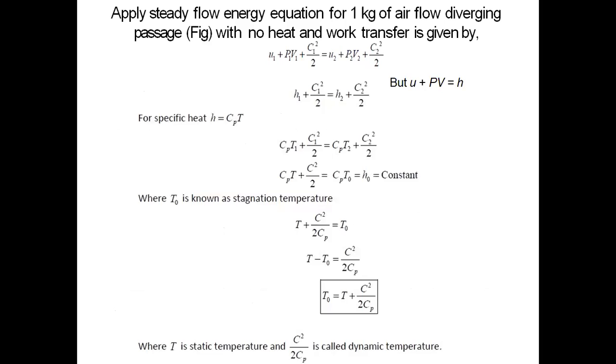The steady flow energy equation for 1 kg of air flow through a diverging passage with no heat and work transfer is given by U1 plus P1V1 plus C1 squared by 2 equals U2 plus P2V2 plus C2 squared by 2. That is, H1 plus C1 squared by 2 equals H2 plus C2 squared by 2. With specific heat, H equals CpT.